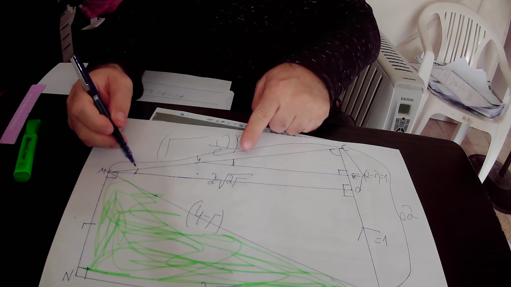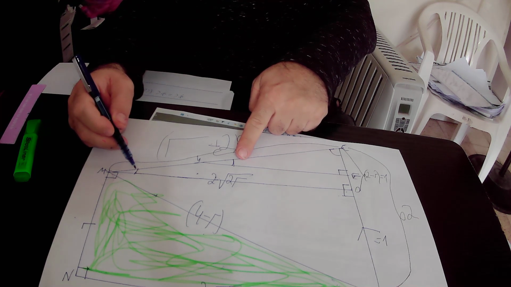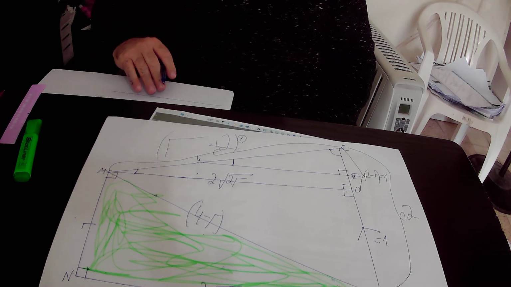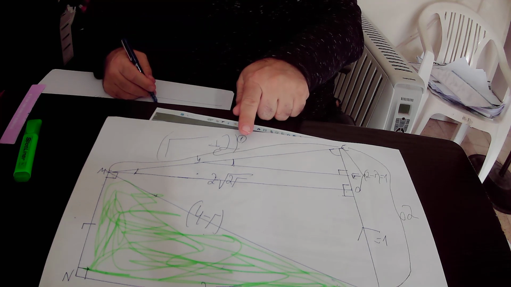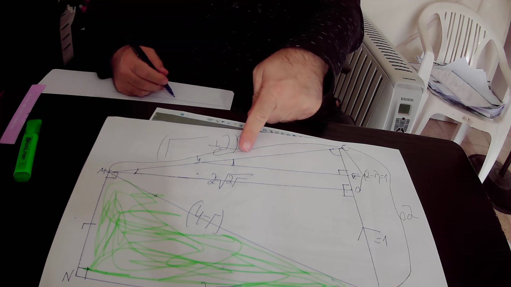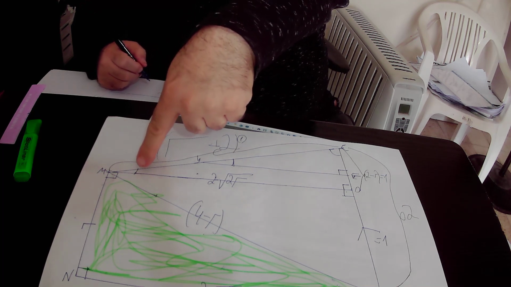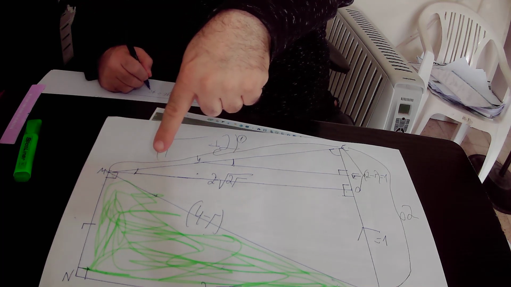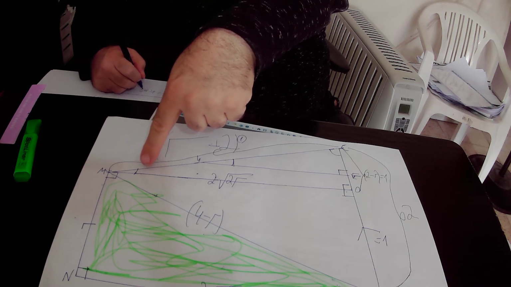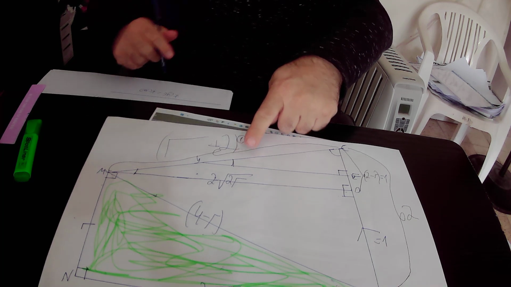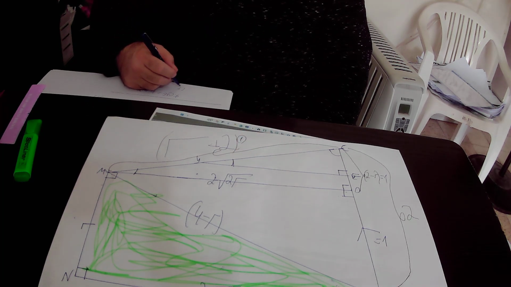So I'll write it down: angle CYE is equal to angle CMD, and they are equal to each other according to the third angle theorem.